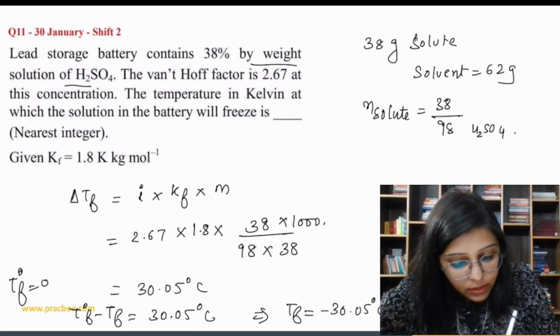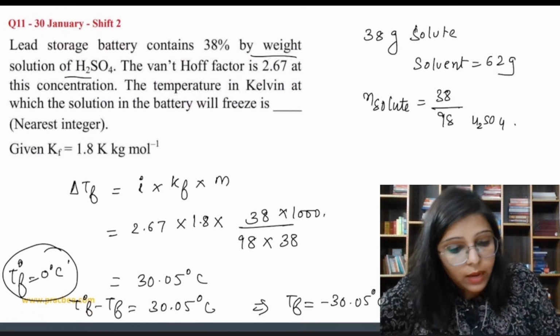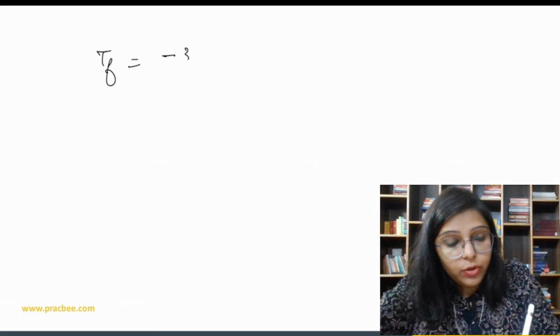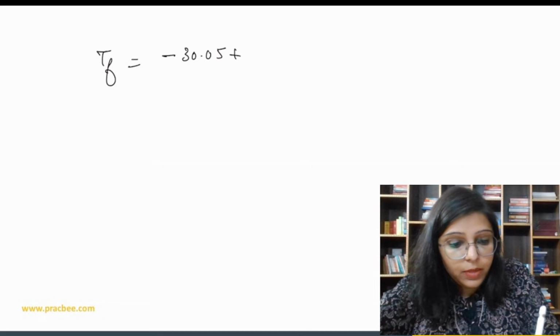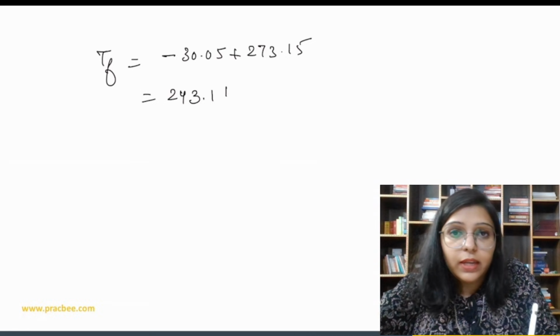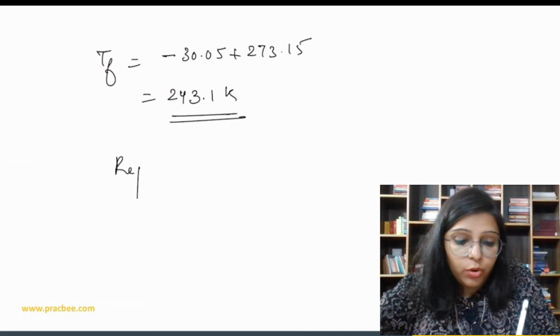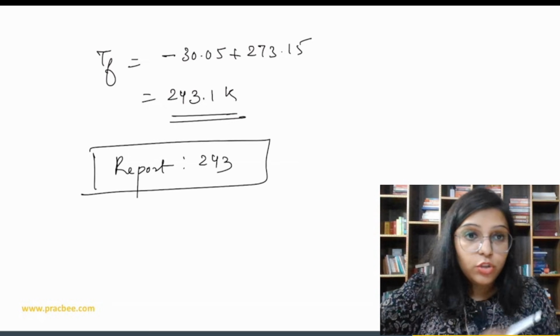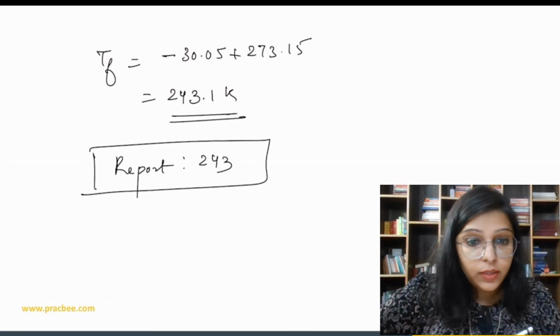Because T0f is 0 degrees Celsius. Okay. And now we have to convert this into Kelvin. So Tf in Kelvin is equal to minus 30.05 plus 273.15, which is equal to 243.1 Kelvin. So you have to report your answer in the form of 243. Okay, so just report the answer as 243.